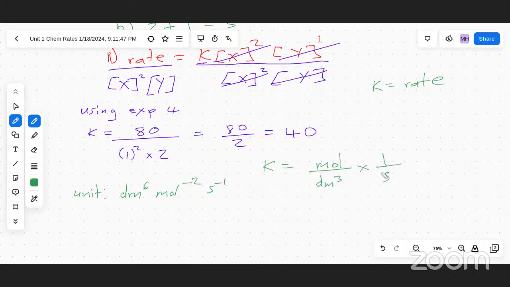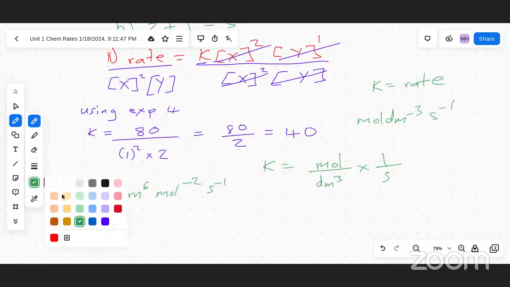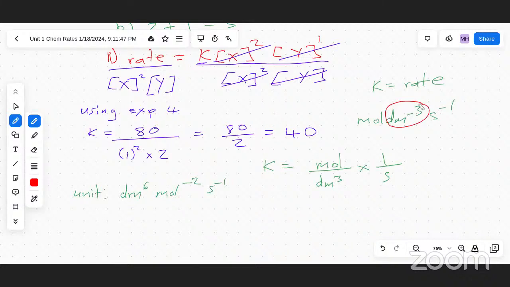So the second has to be a denominator. When you see moles per dm cube per second, these are denominators in a fraction. So dm cube is below. The minus here is this line, so 1 over S. Moles over dm cube. So all of this is rate.